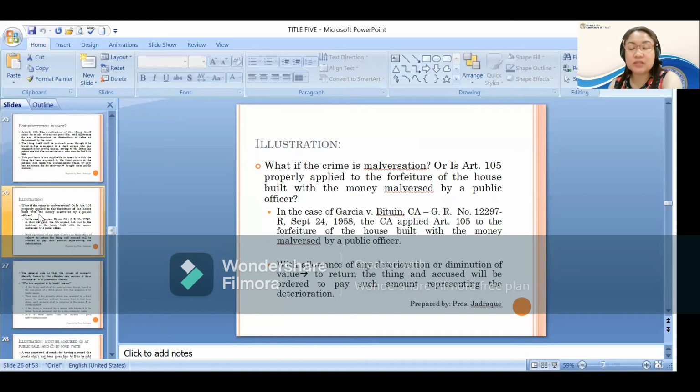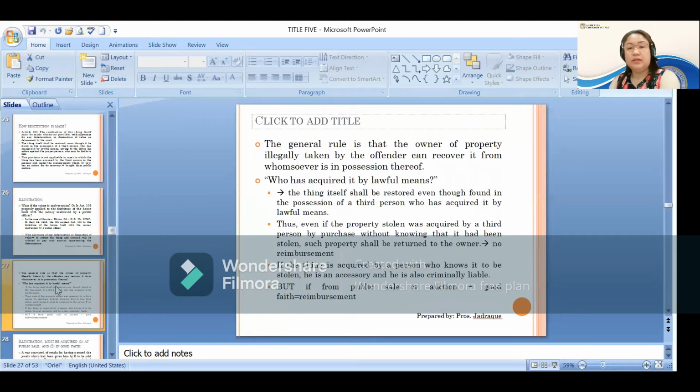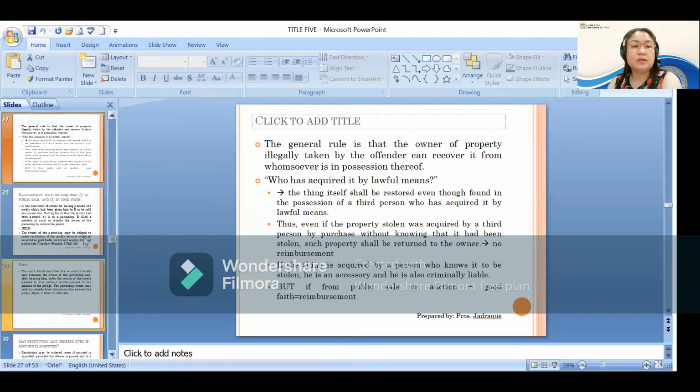With allowance of any deterioration or diminution of value, to return the thing, an accused will be ordered to pay such amount representing the deterioration. The general rule is that the owner of the property illegally taken by the offender can recover it from whomsoever is in possession thereof.